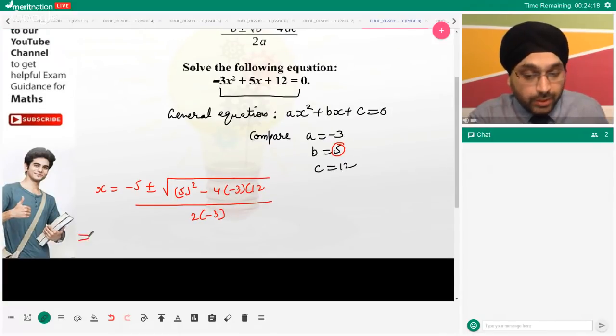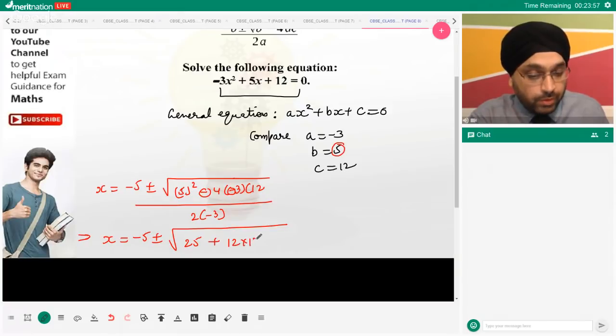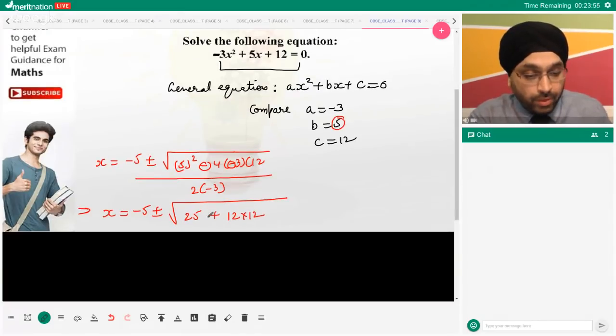So, guys, that will come out to be what now? x = −5 ± under root of 25. Now if you see it very clearly, we have two minus signs over here, so that will make them plus. So that will be plus 4 into 3, 12, so 12 into 12. Again, guys, we can write upon −6 now.